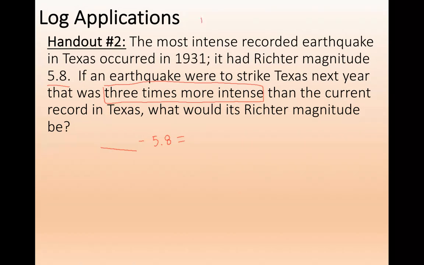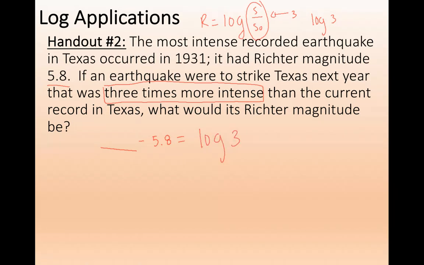The Richter magnitude is log of S over S sub 0. So I want this ratio to be 3. I want to get log of 3 when I subtract their magnitudes.